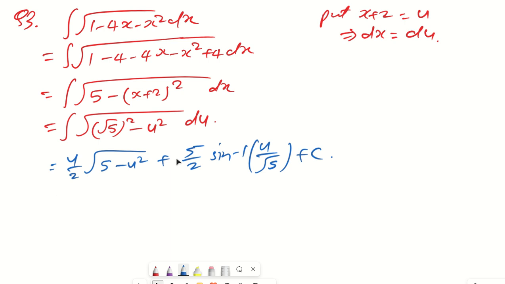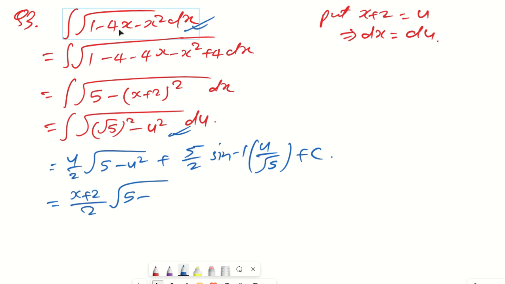Understood? So u by 2 square root of a square minus u square plus a square by 2 sine inverse of u by a, right? So it can be written as, I can replace u by x plus 2, divided by 2 square root of 5 minus u square. So actually this was 5 minus u square completely, by this term I can replace.